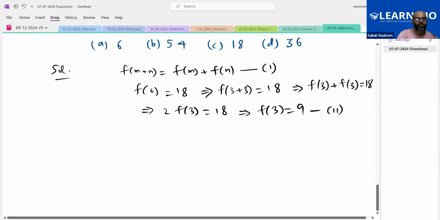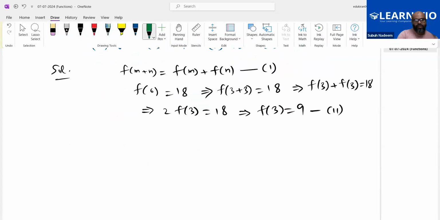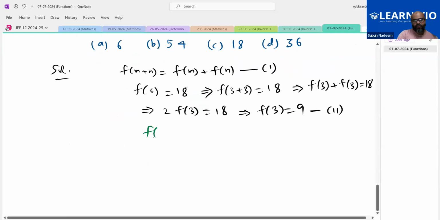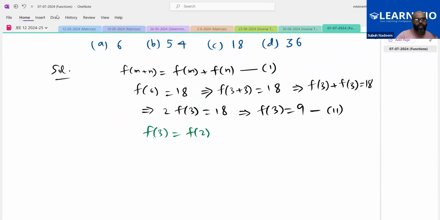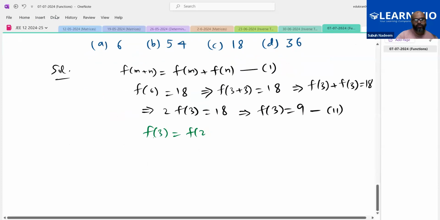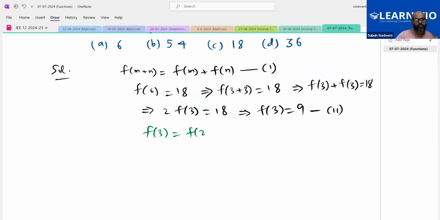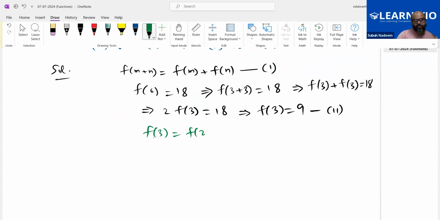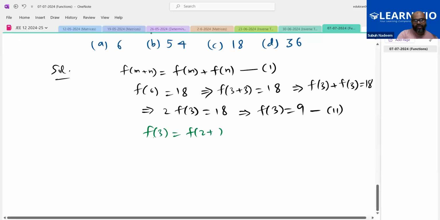Now, f of 3 can be written as f of 2 plus 1. And by this relation, we can write it as f of 2 plus f of 1.